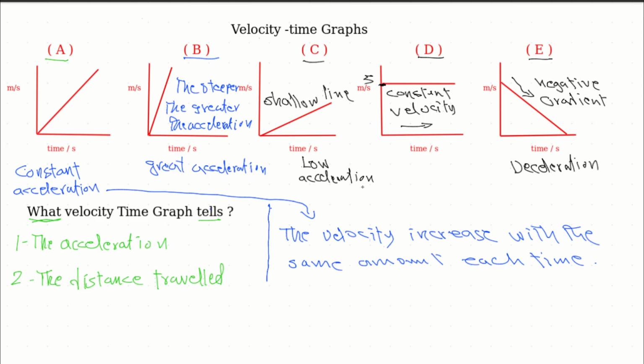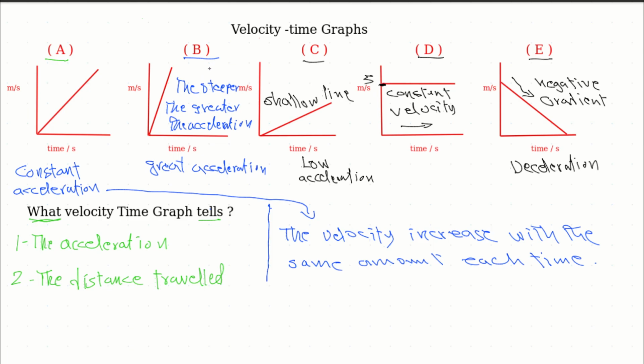So this is all about interpreting velocity time graphs. We had 5 different graphs. To conclude, the velocity time graph tells the acceleration of the moving object, and the distance traveled or displacement. A straight line means constant acceleration, which means the velocity increases by the same amount each time.